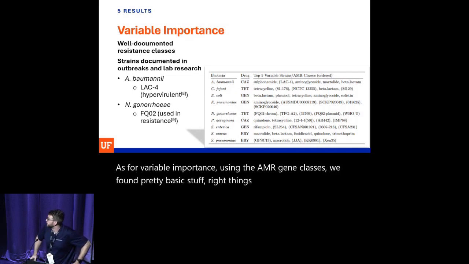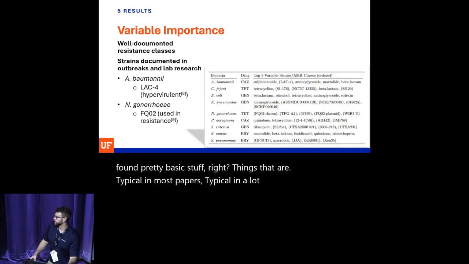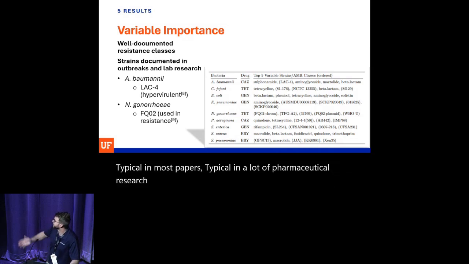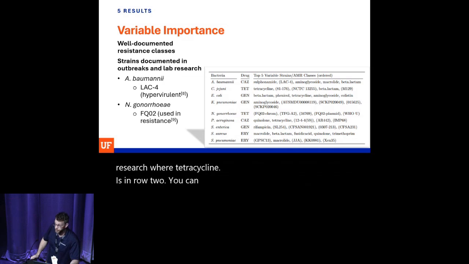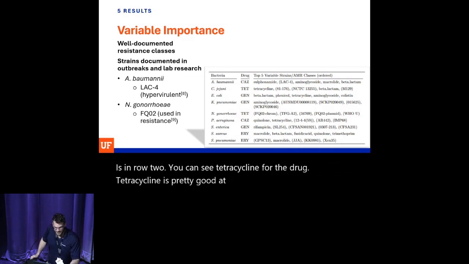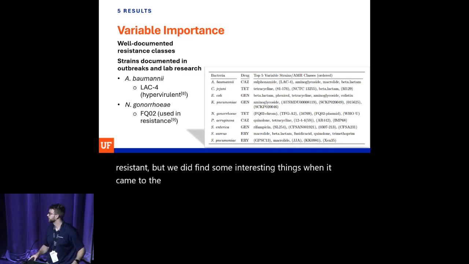As for variable importance, using the AMR gene classes, we found pretty basic stuff, right? Things that are typical in most papers, typical in a lot of pharmaceutical research, where tetracycline is in row 2. You can see tetracycline for the drug tetracycline is pretty good at predicting whether or not it's resistant. But we did find some interesting things when it came to the strains, something that I haven't seen other people do yet.